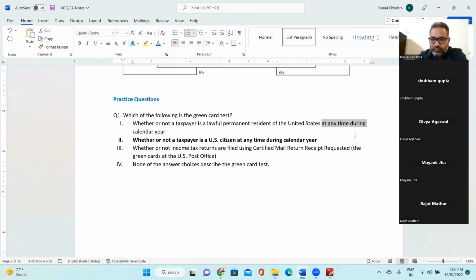Sir, US citizen होगा वो तो already citizen है sir. Yes. So if he or she is a US citizen, they will always be considered as a resident of the United States of America. So whether they are in the US for more than 31 days or not, whether they are in the US for more than 183 days or not, if you are a US citizen, then you will always be considered a resident for tax purposes.